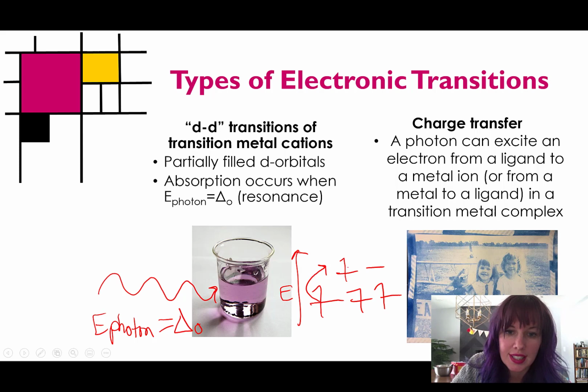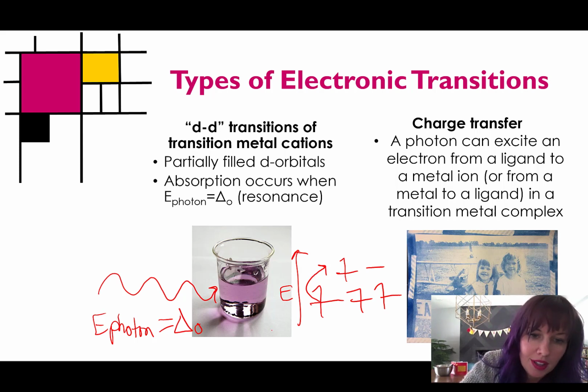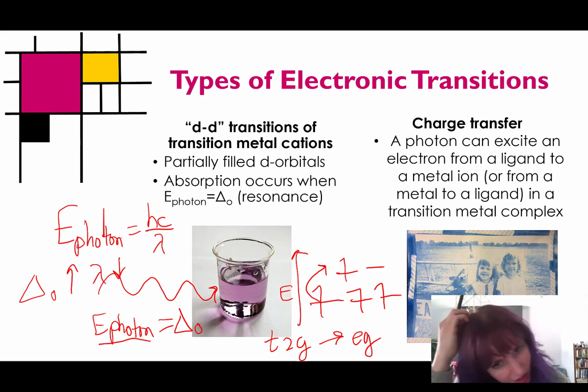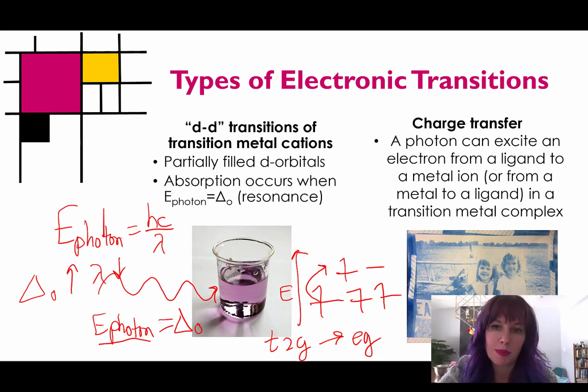So this is what's called a d to d transition. You're going from the t2g to the eg when the energy of your photon is exactly equal to this energy separation delta octahedral. And remember that the energy of your photon is equal to hc over lambda. So as delta octahedral increases, your wavelength is going to decrease. That's going to be absorbed.